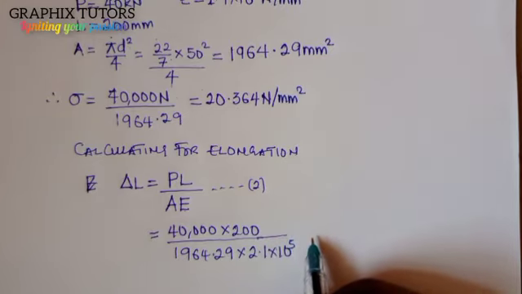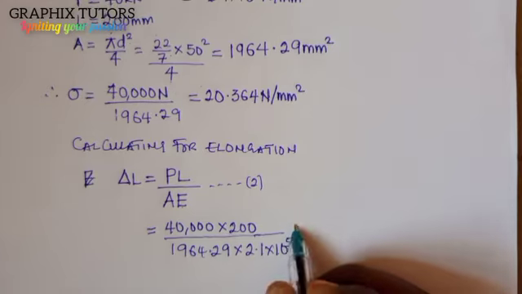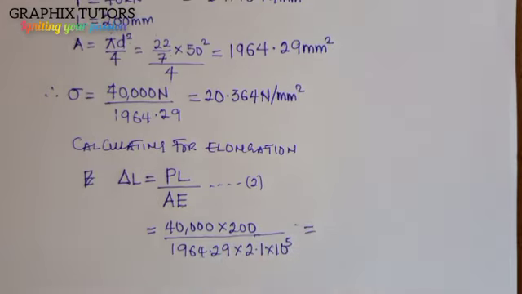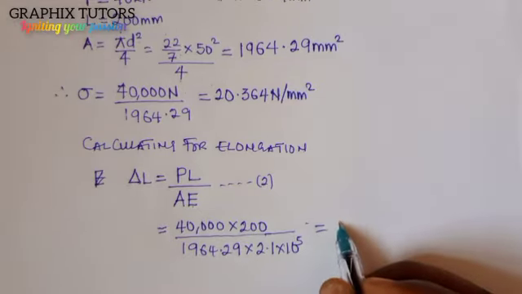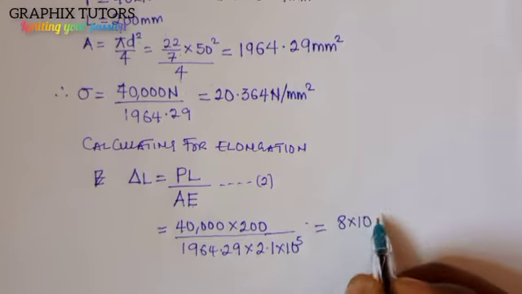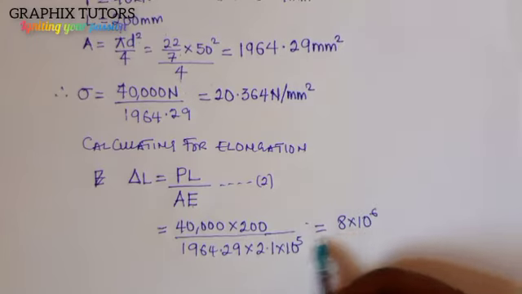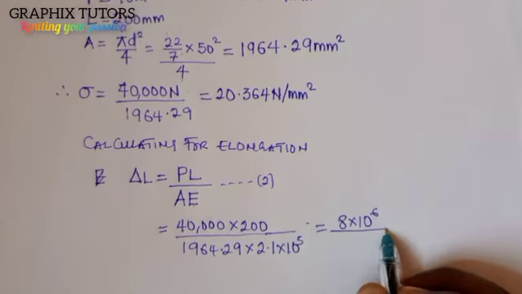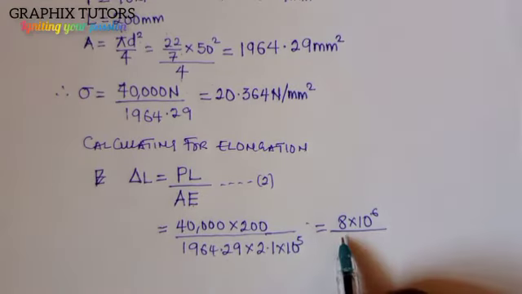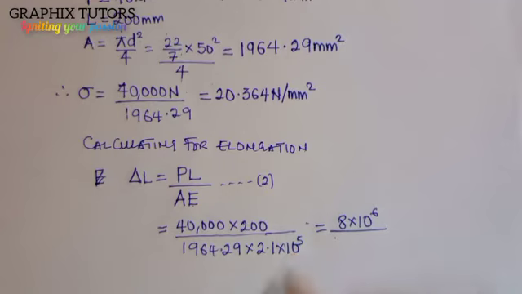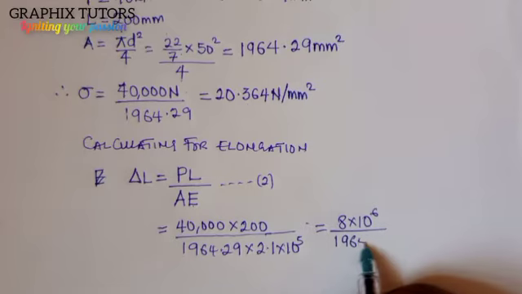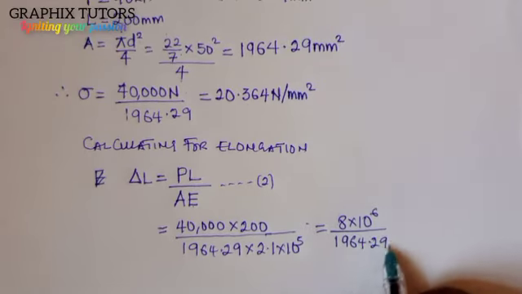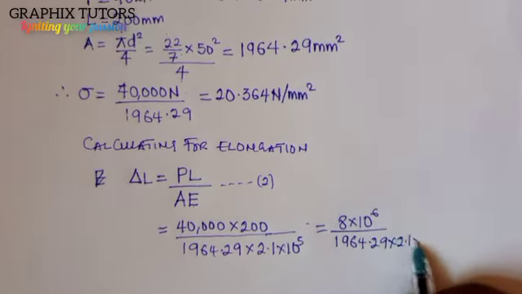Now, if I move this further, I'm going to be having 40,000 times 200, that is 8 million. So we say that 8 times 10 raised to power what? 6. That is what we have here, all divided by, if I multiply all this, that is 1964.29 multiplied by 2.1 times 10 raised to power 5, right?